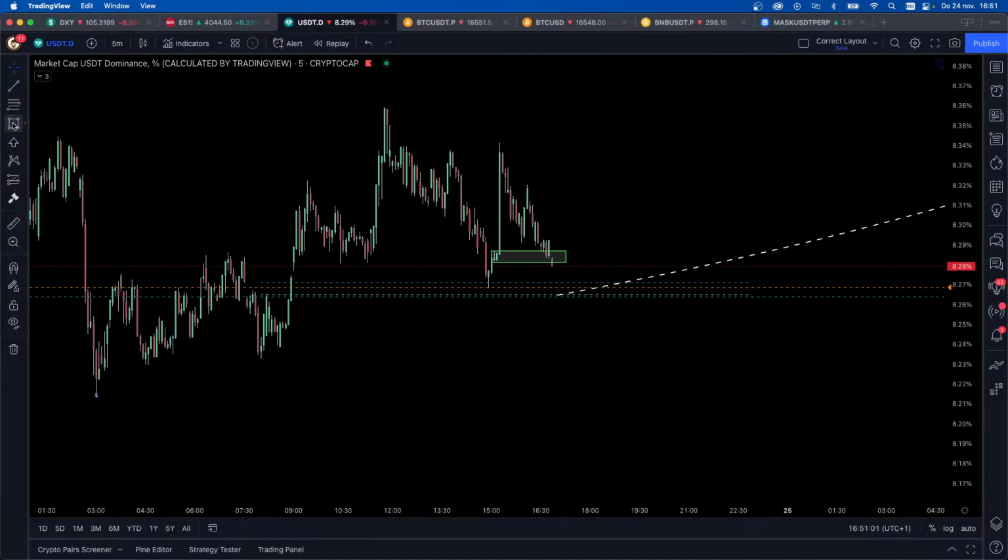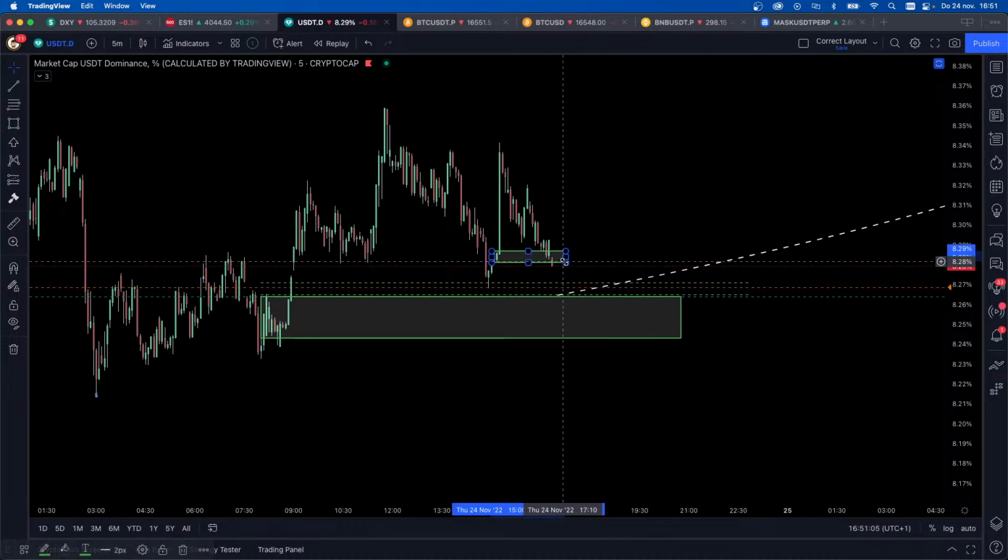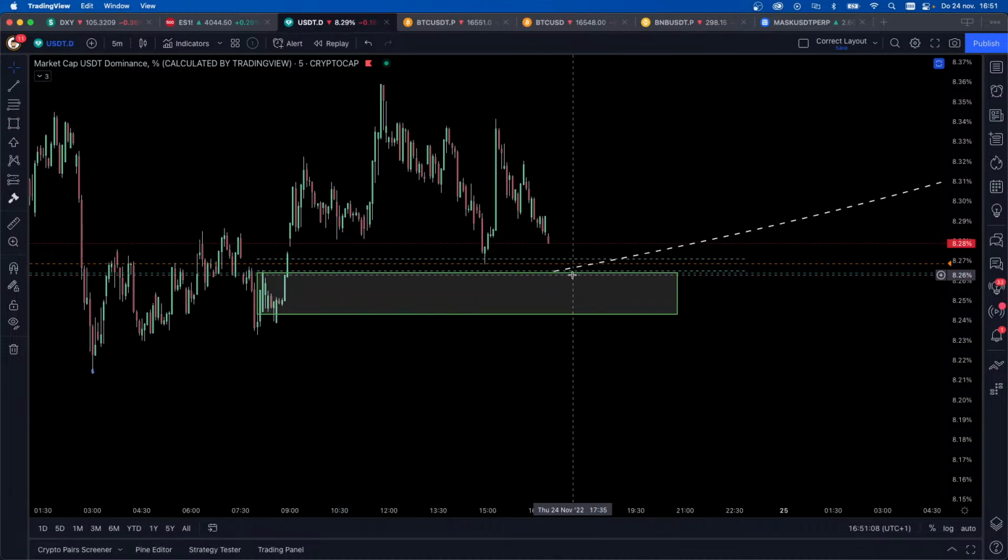Okay, so our next level, if it breaks down, is over here. And that is my last level for a bounce for USDT.